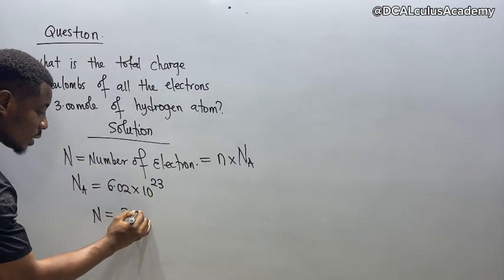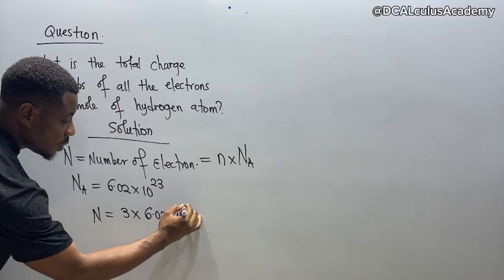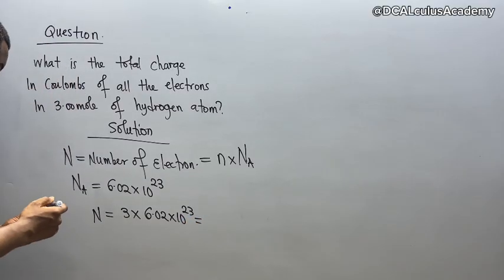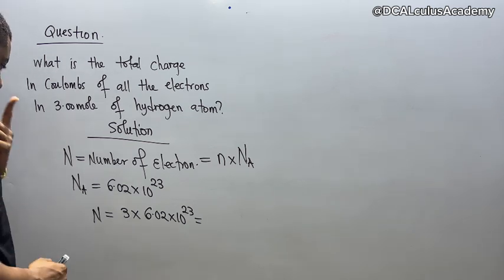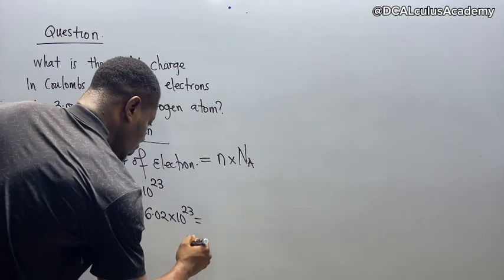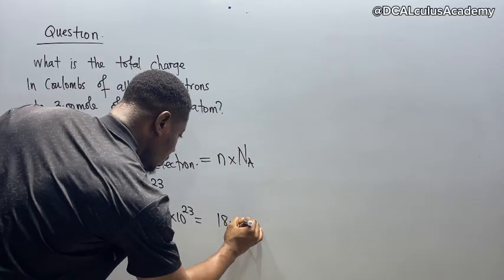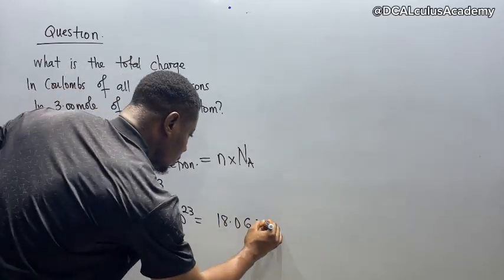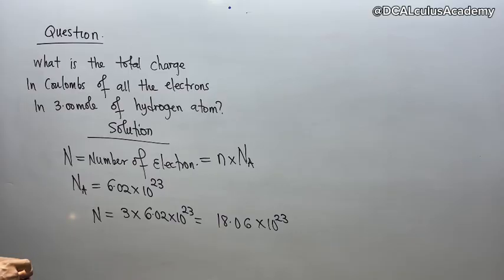So it becomes 3 times Avogadro's number, 6.02 times 10 raised to power 23. That gives us 18.06 times 10 to the power of 23.